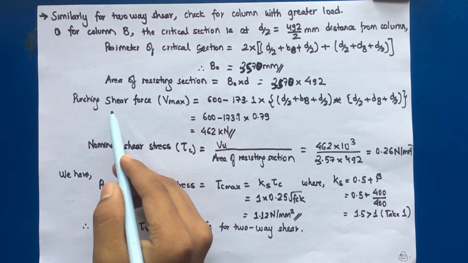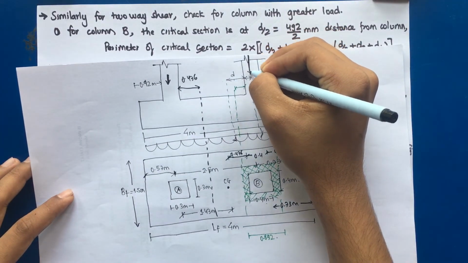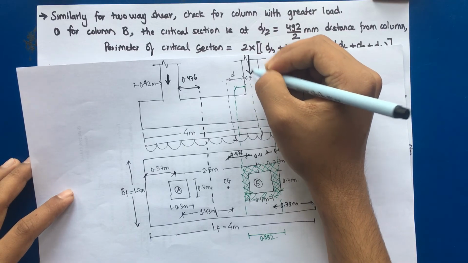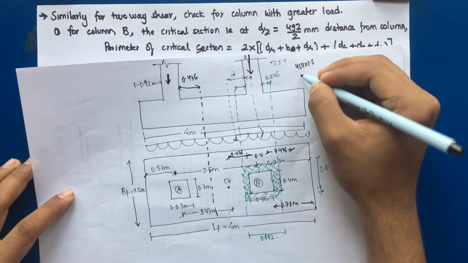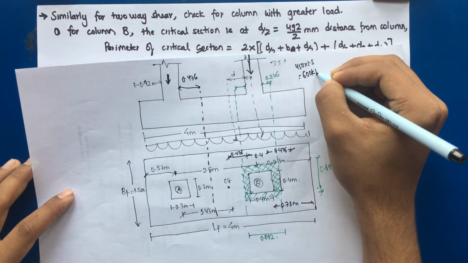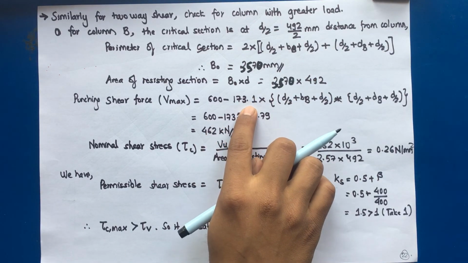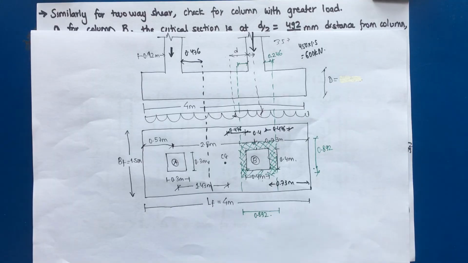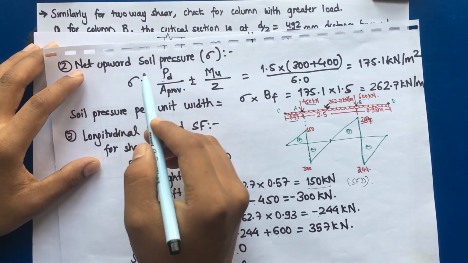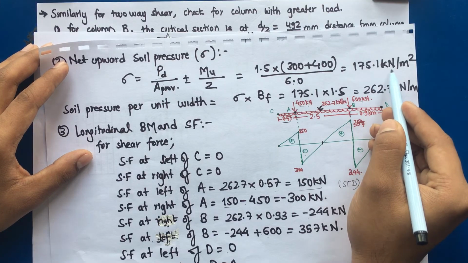So for calculating the punching shear force, the factored load coming from the column B is 450 into 1.5, which is nothing but 600 kilonewton. Okay, 600 minus 175.1. So if you remember, the net upward swell pressure is 175.1 kilonewton per meter square.